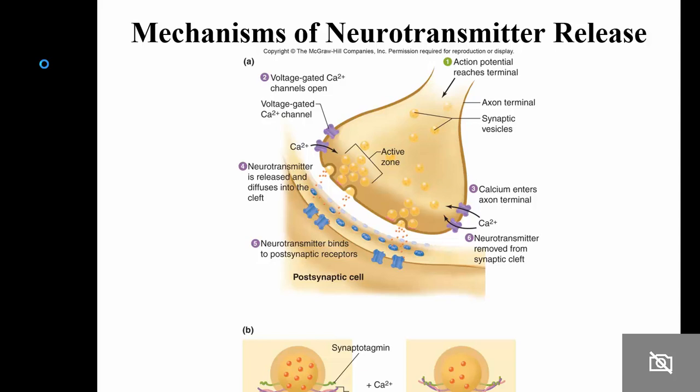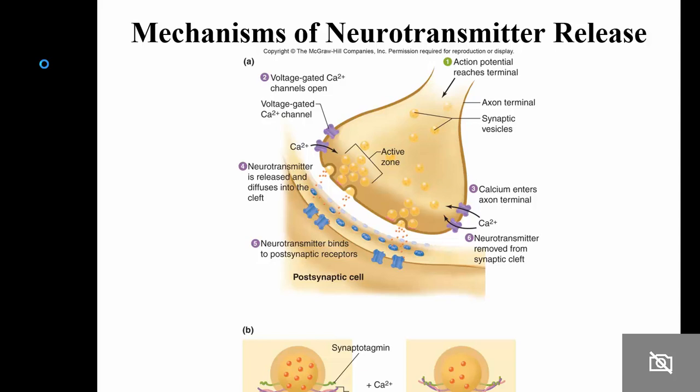By the time it gets to this varicosity, you have these calcium channels. They're called N-type. N as in Nicholas. They're voltage activated. When that current comes down here, the voltage changes here. The voltage sensor says, oh, and it opens up these calcium channels.